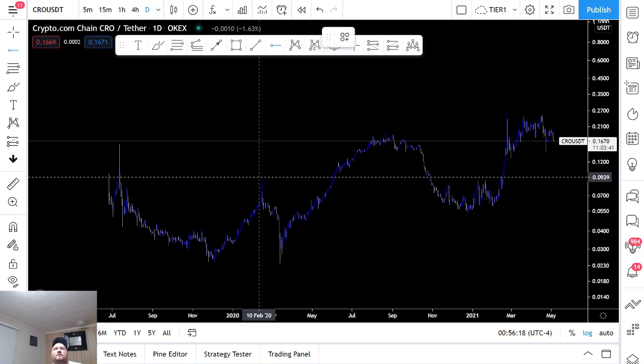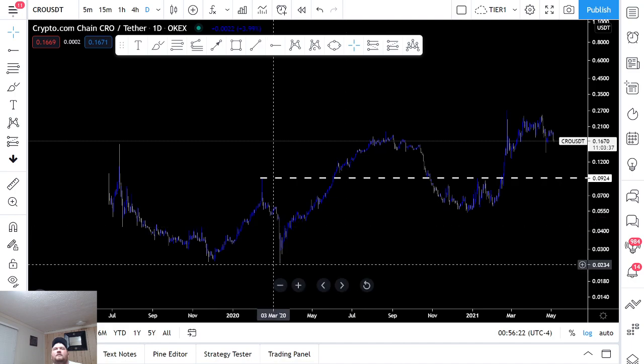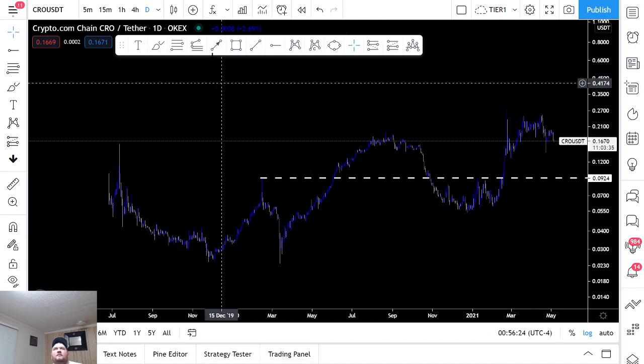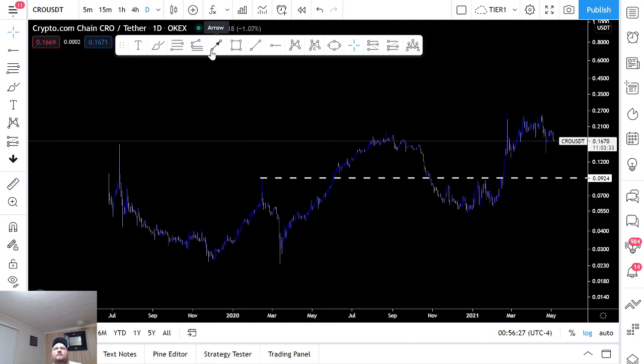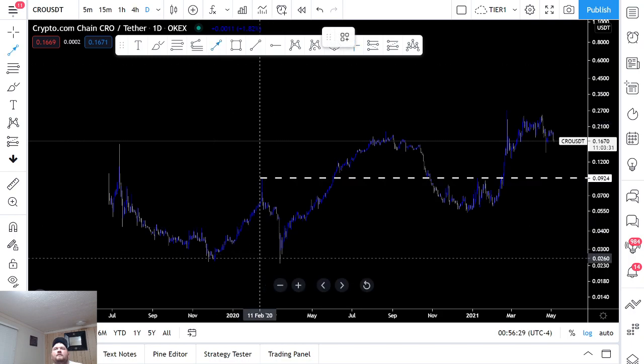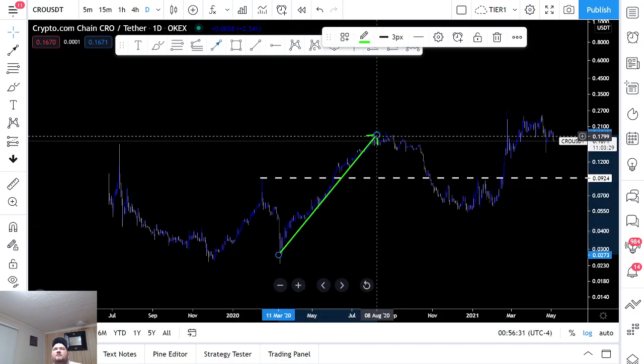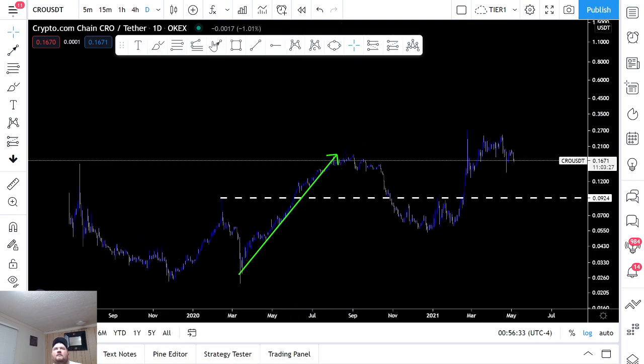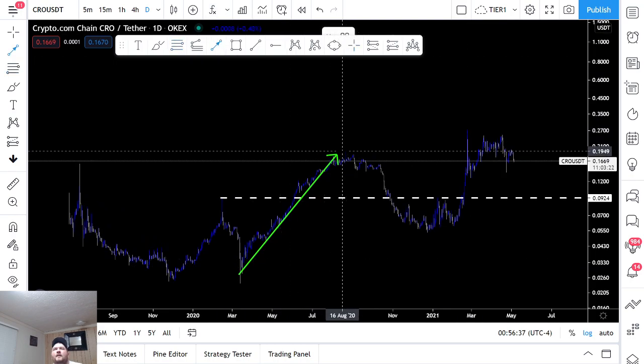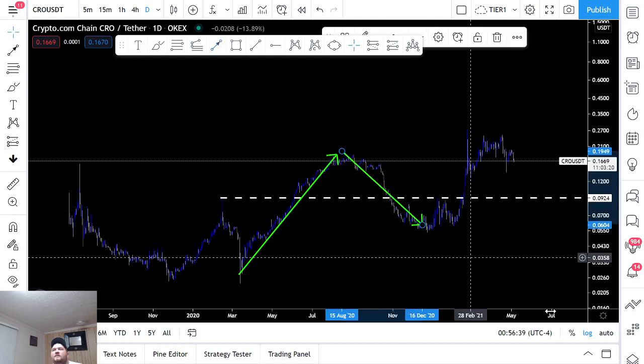We can see that this point right here was resistance at one time. Price pushed up. Price pulled back.